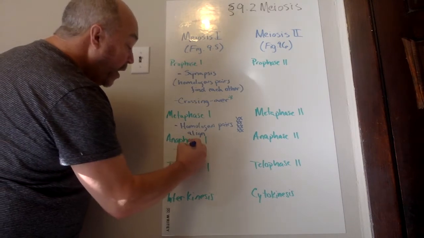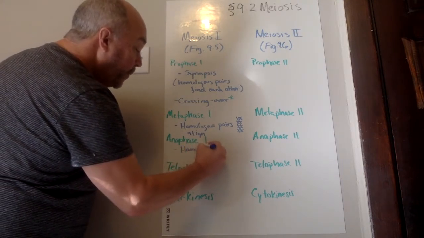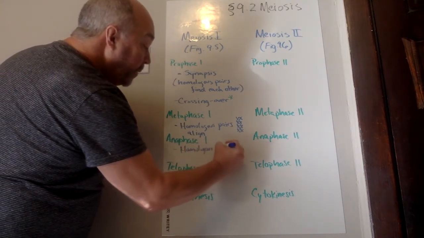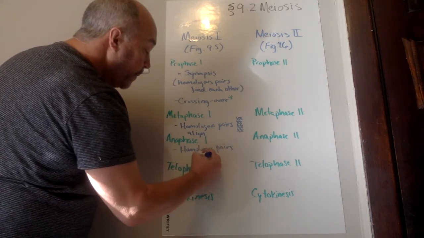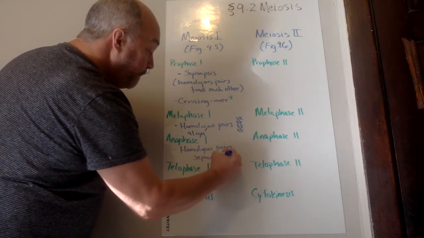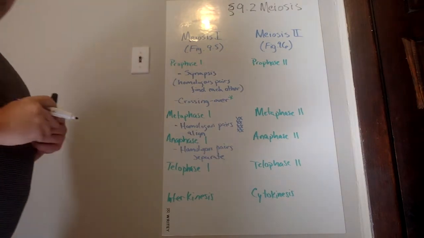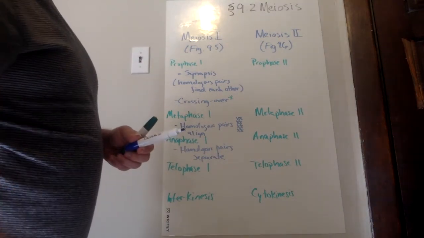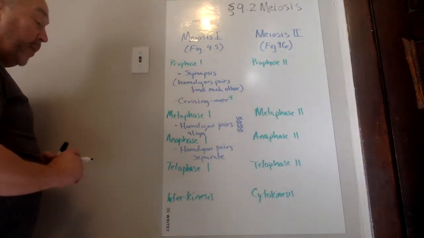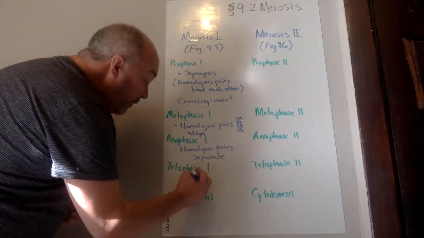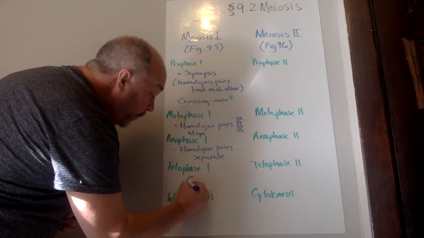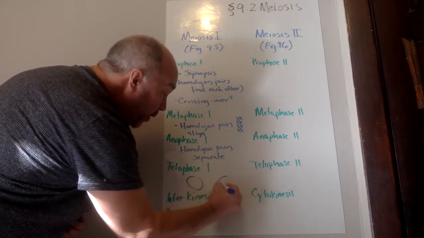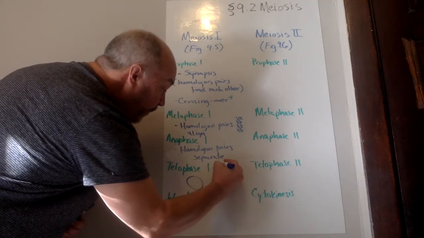And then the homologous pairs will split. And so when they split, half of a pair will go to one side, half of a pair will go to the other side. So at the end of telophase 1, we have two nuclei.